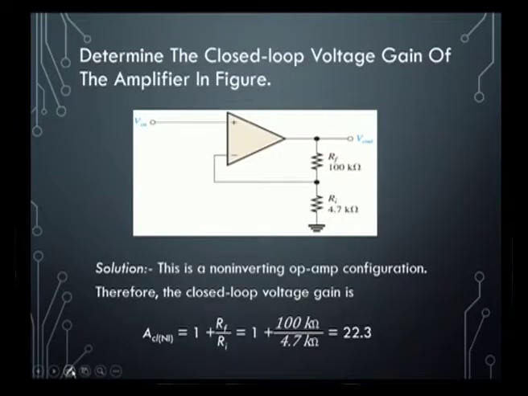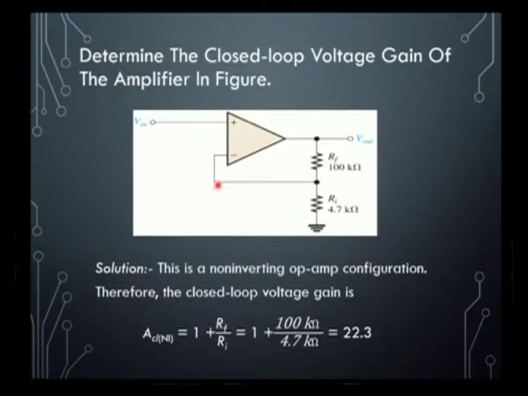Next we move on to an example. Determine the closed loop voltage gain of the amplifier in the figure. In the figure, we can observe this is in the form of a non-inverting amplifier, having RF and RI, the feedback resistance and input resistance, of different values.